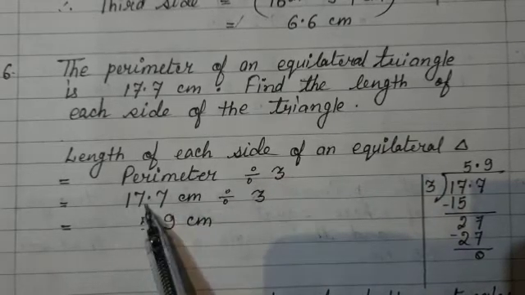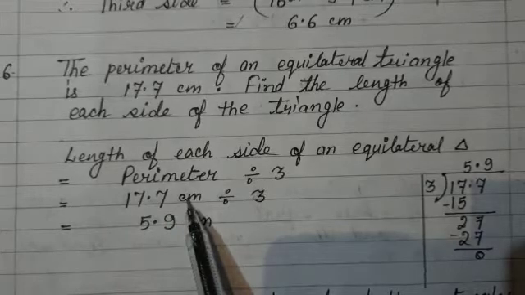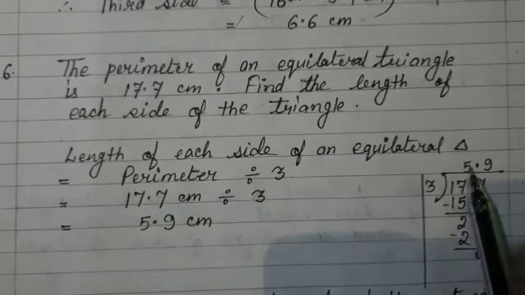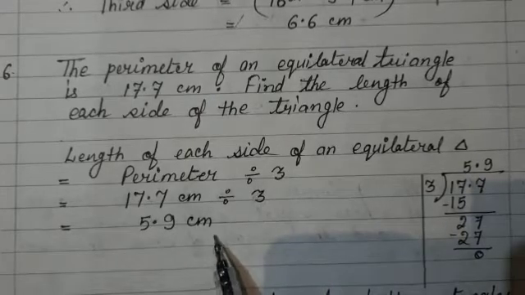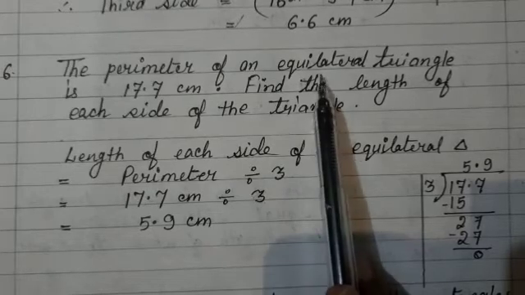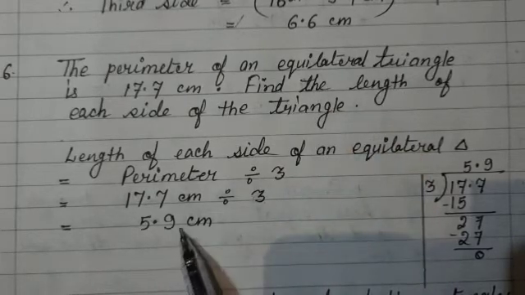Here the perimeter is given as 17.7 cm. Therefore, 17.7 cm divided by 3 is equal to 5.9 cm. Hence, we can say the measurement of each side of this equilateral triangle is 5.9 cm.